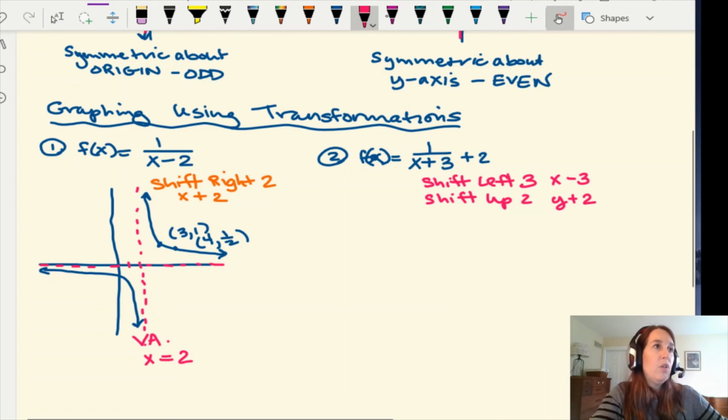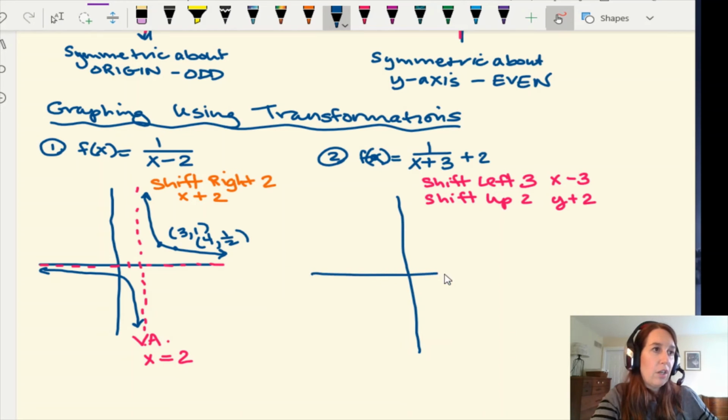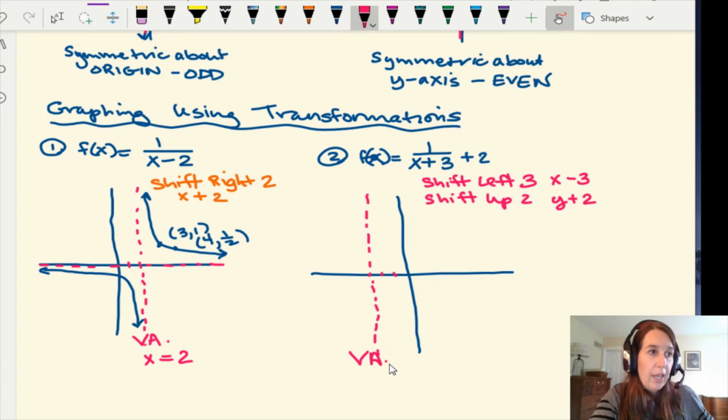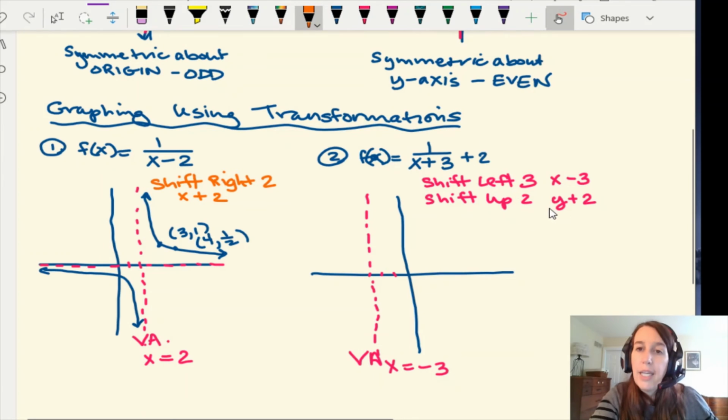Okay? So when we try to graph this, again, we're starting with that original one, and we're shifting left 3, so our vertical asymptote, instead of being at 0, x equals 0, it is now at x is equal to -3. And our horizontal asymptote, which was at 0, y equals 0, is now at y plus 2 right here.